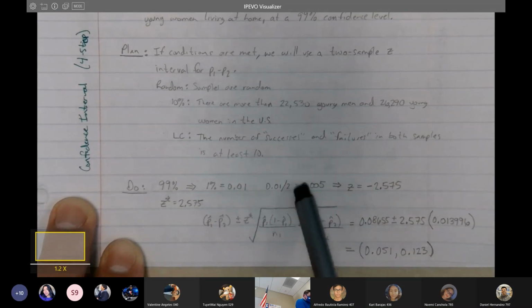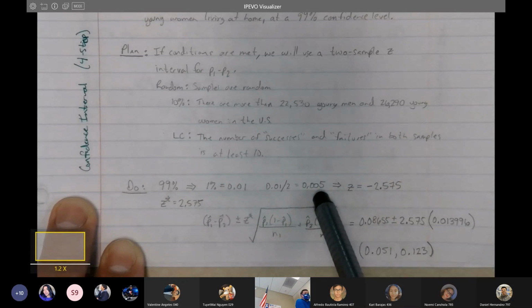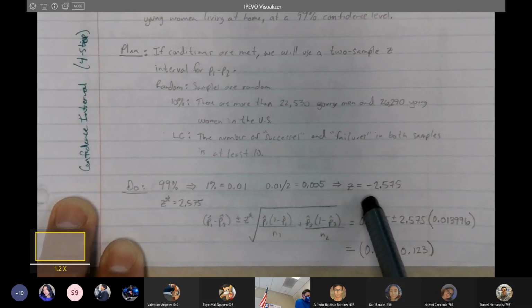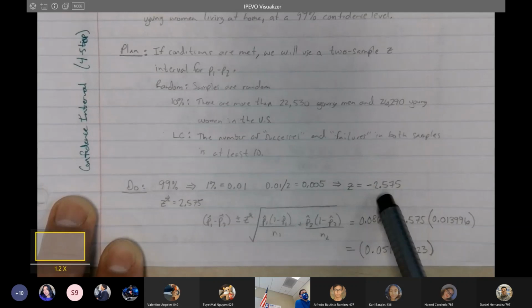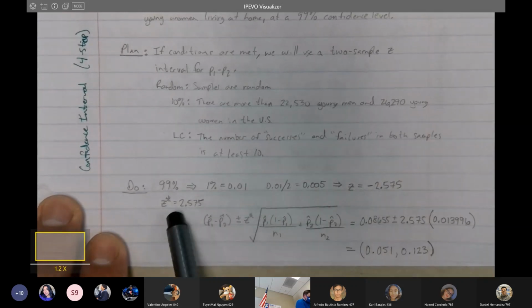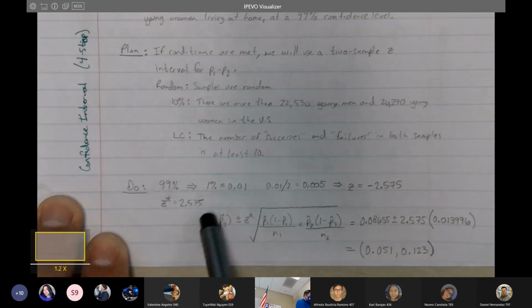Finding 0.005 on table A leads me to a Z of negative 2.575, which gives me a critical value of Z star equaling 2.575. Do you follow my logic in that and how we got to that Z star value, that critical value? Does anyone need clarification?